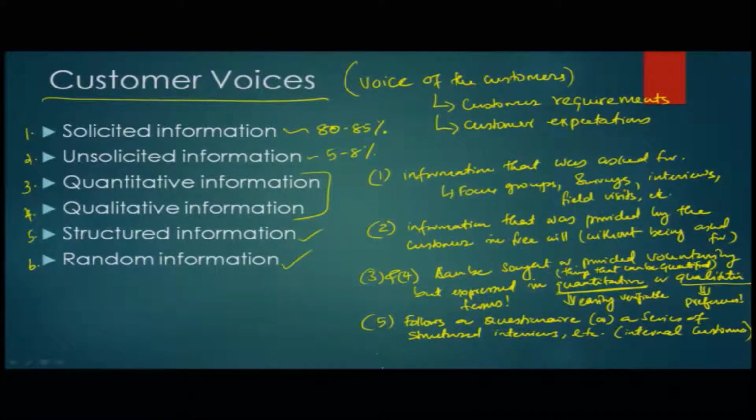Then comes the random information, which is what you call the unknown source and unplanned information.